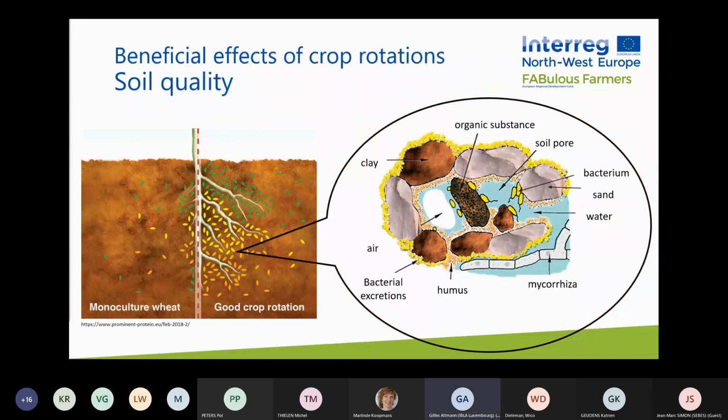Well, another important point is that diverse crop rotations with the growth of various root types at different soil layers enables an increased quantity, diversity, and activity of soil life.